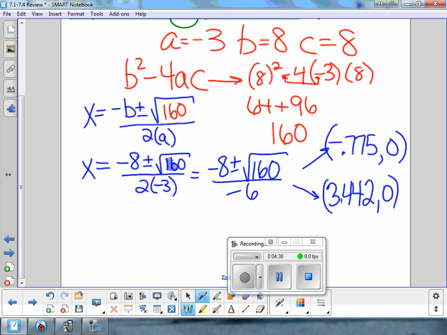Negative 8. So you get the same answer both times. Therefore, there would be one solution. If there's one solution, that means the parabola either looks like this. It comes down and just touches once. Or maybe it's upside down and hits like that. That's what it would mean for there to be one solution.